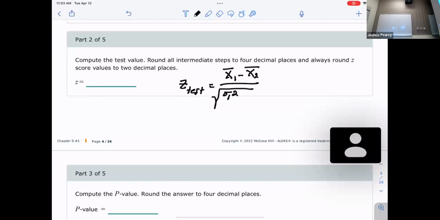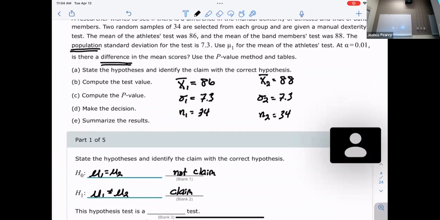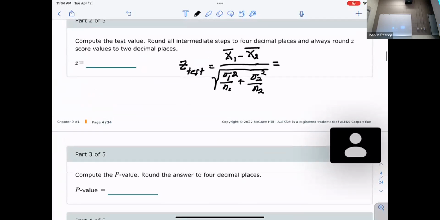The square root of sigma 1 squared over N1 plus sigma 2 squared over N2. Then, using that, what do you have in the numerator? Yeah, 86 minus 88. And in the denominator, the square root.